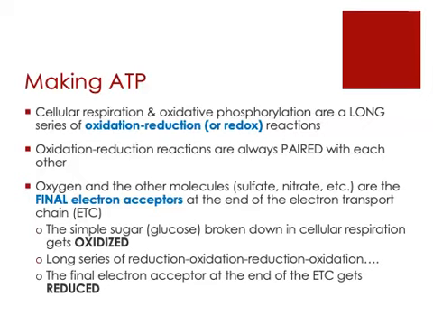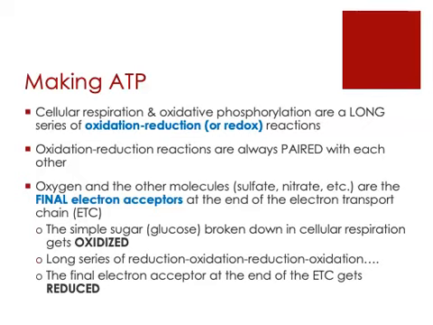Now, from the start of the glucose being broken down to the end, where there's carbon dioxide left, that's a long series of reactions, and they are oxidation reduction, oxidation reduction, oxidation reduction in a long series.